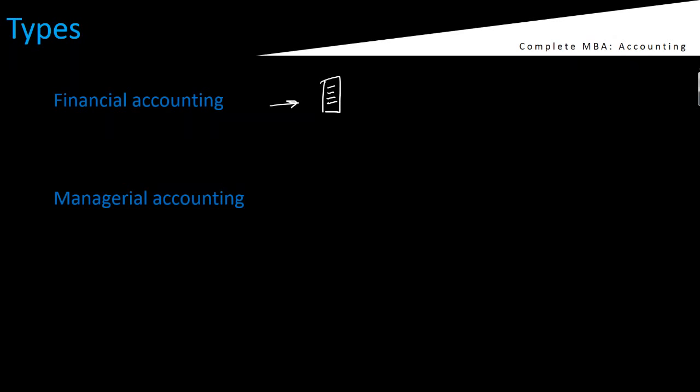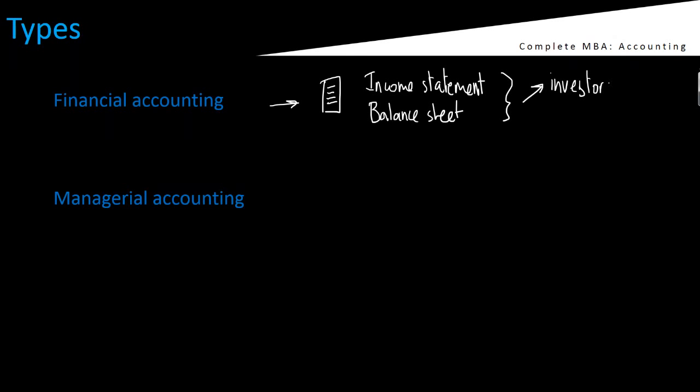This is the statement I explained to you before, for example, the income statement, or the balance sheet. These are summaries that are going to be used in a standardized way for everybody: investors, governments, etc.